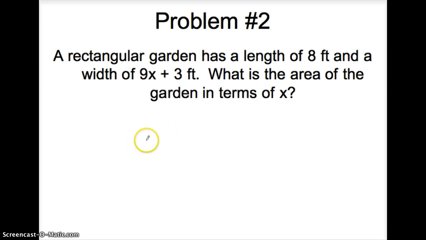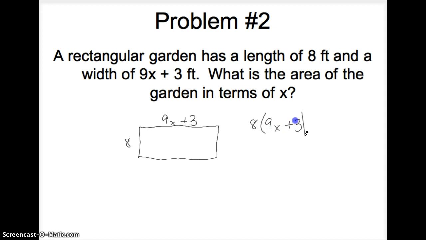A rectangular garden has a length of 8 feet and a width of 9x plus 3 feet. Let's draw this first, and please make sure you're drawing this in your notebook. If one side is 8 feet and the other side is 9x plus 3 feet, what is the area of the garden in terms of x? To find area we need to multiply, so we can say 8 times 9x plus 3.